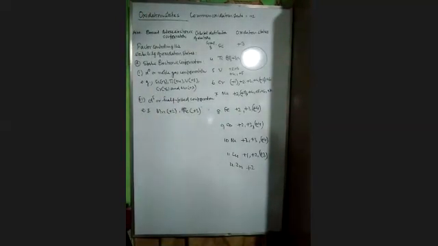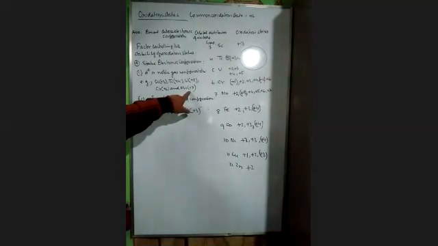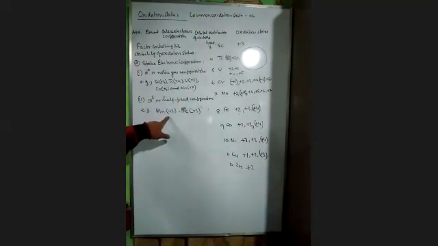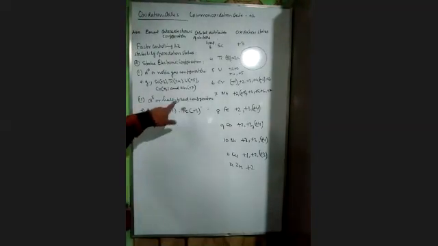But see, very interesting thing. Here I have written +7 is more stable, and here I have written +2. So between these two, which is more stable? See, this is more stable than this.